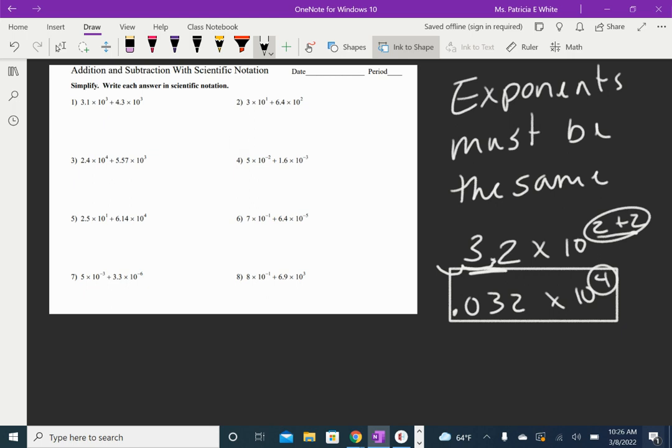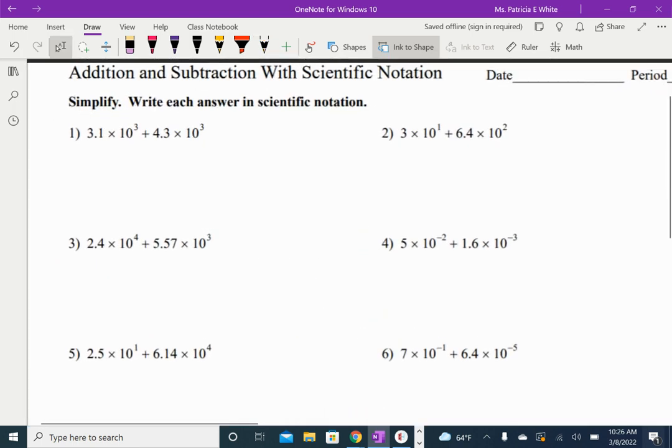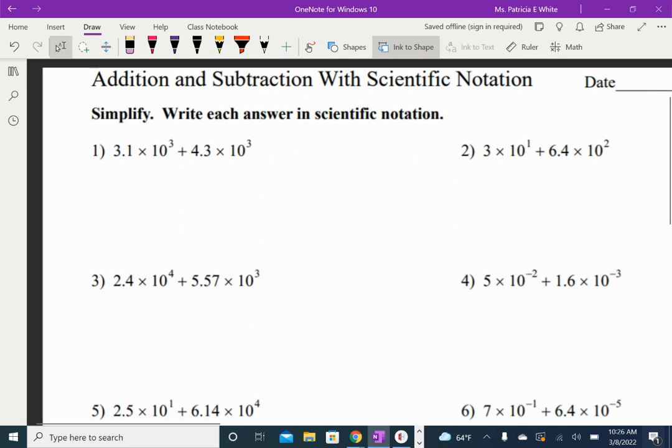All right. So again, number 1, they've got to be the same. So these two are the same. They're both a 3. That means I can go ahead and add them. My answer is going to have that times 10 to the third. All I have to do is add 3.1 and 4.3.